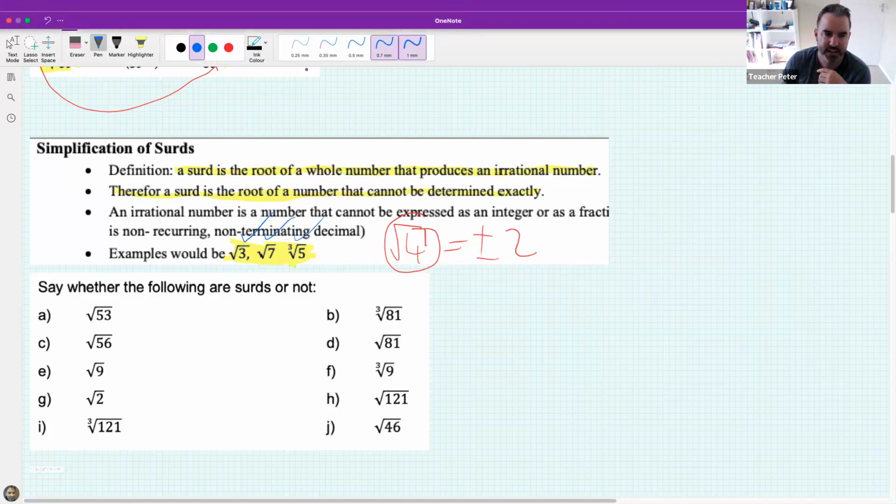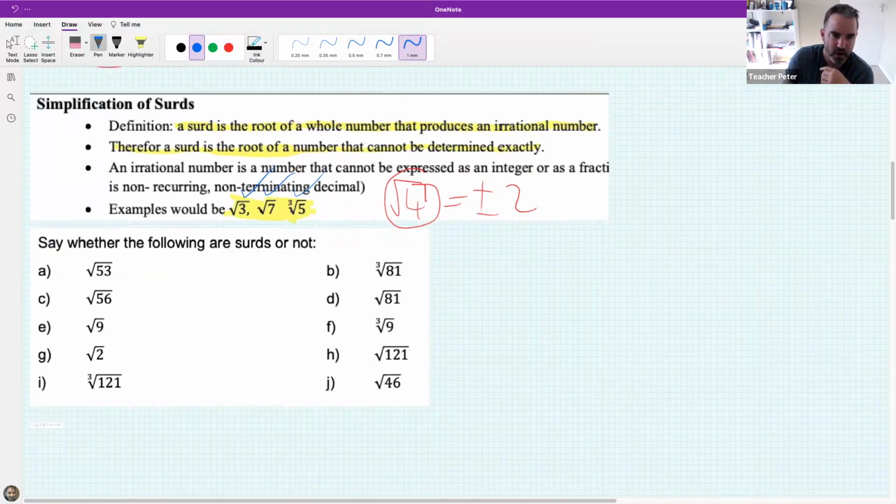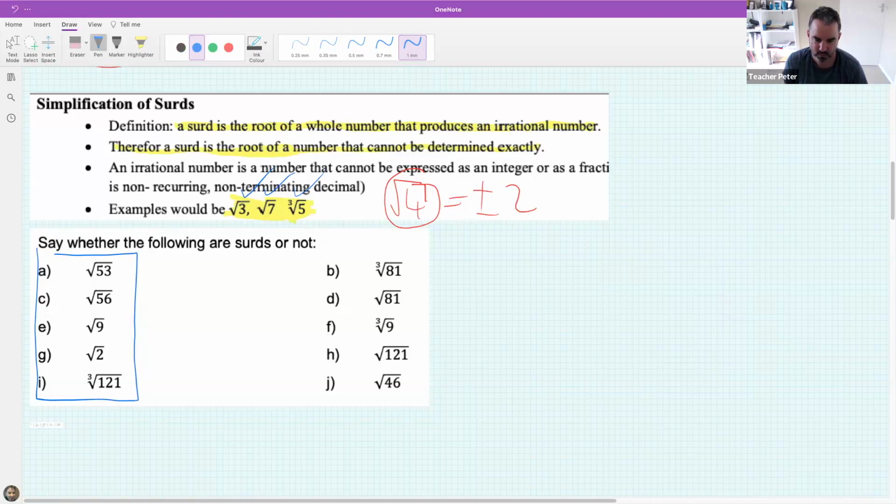Okay, now let's go to this. Of these 5, you have to say whether they are a surd, yes, or they're not a surd, no. So in my chat, I want you to say either yes or no for A, yes or no for C, yes or no for E. Okay.